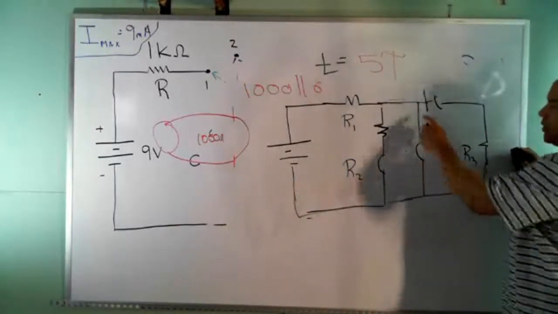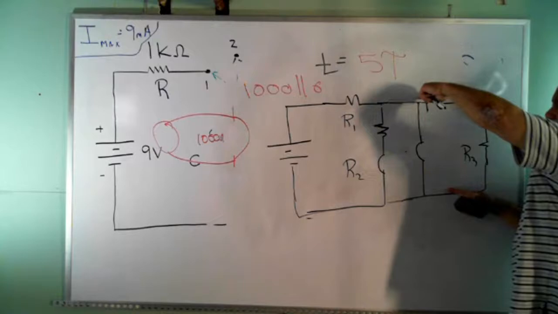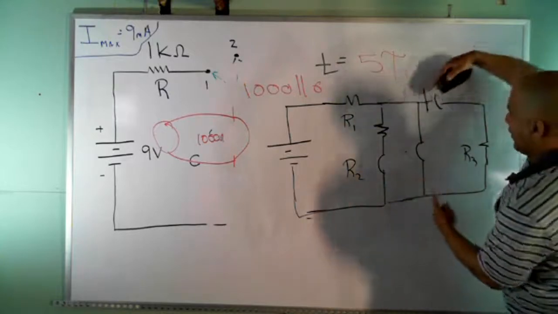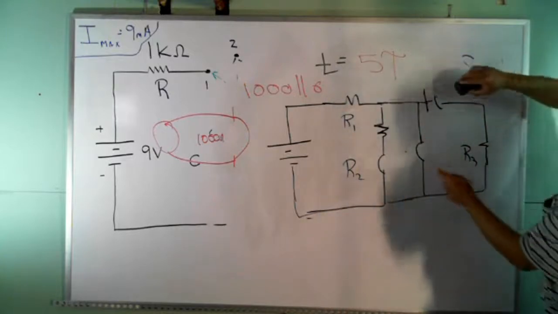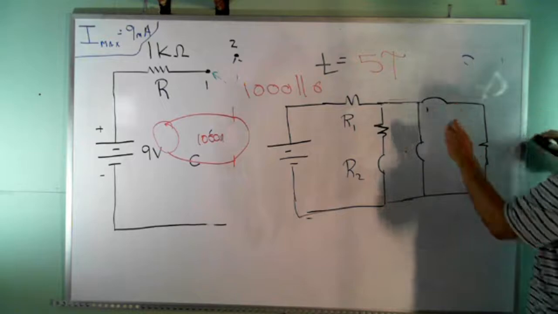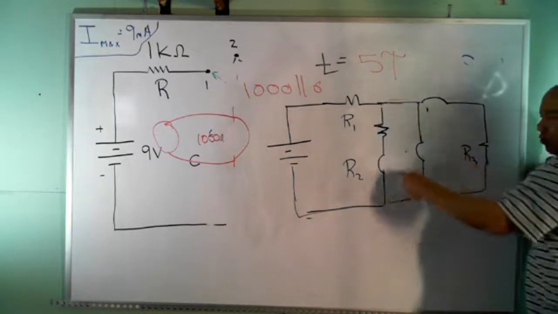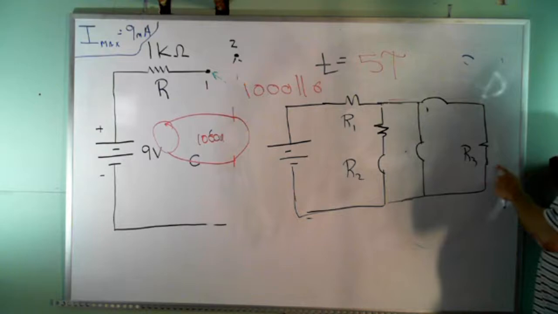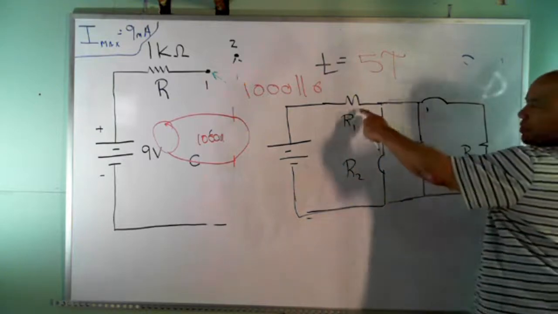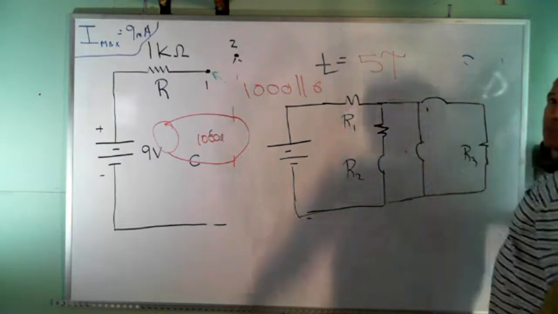That's a short. That short circuit is across this branch and this branch over here. That's a short and this is a short. So that capacitor right there, that short's going to take this whole branch out and this whole branch out. The only resistor in the circuit would be R1.